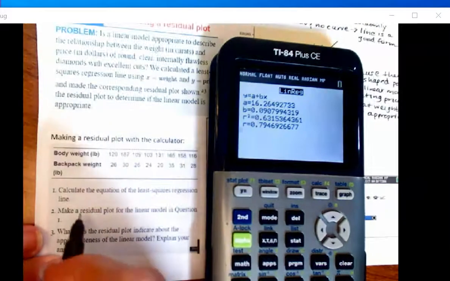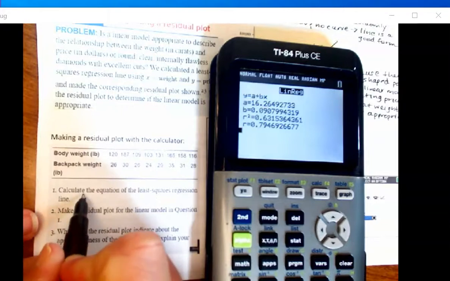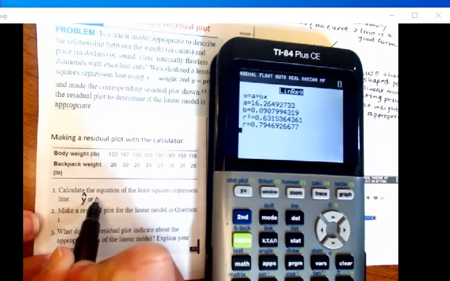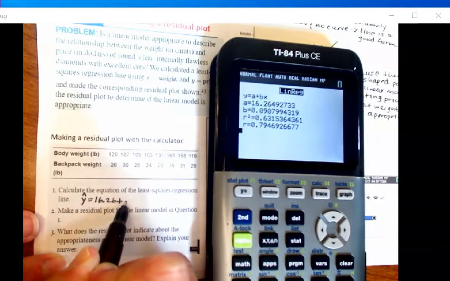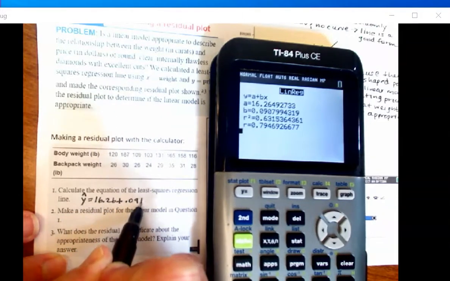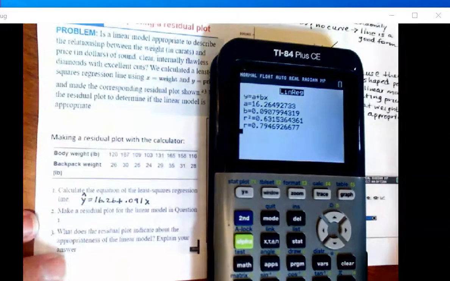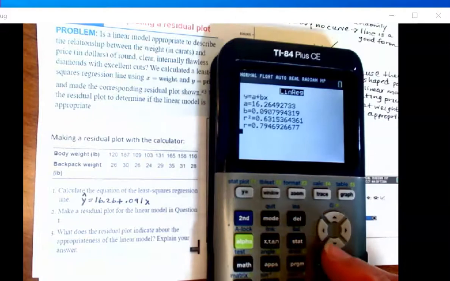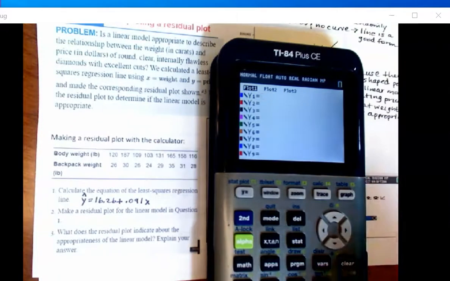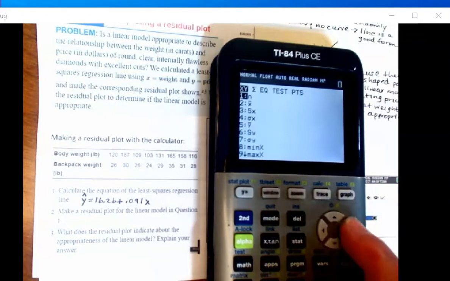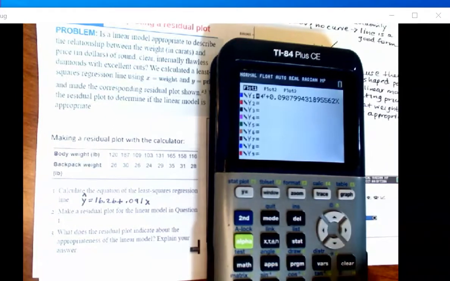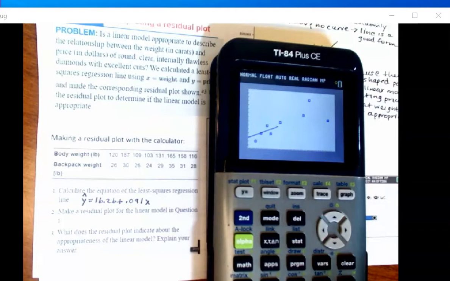It's y hat, don't forget it's a prediction line, equals 16.26 plus 0.091x. You either need to type that in, or hopefully you remember, if you go to Y=, then VARS, down to Statistics, over to EQ, it just transfers the equation for you.